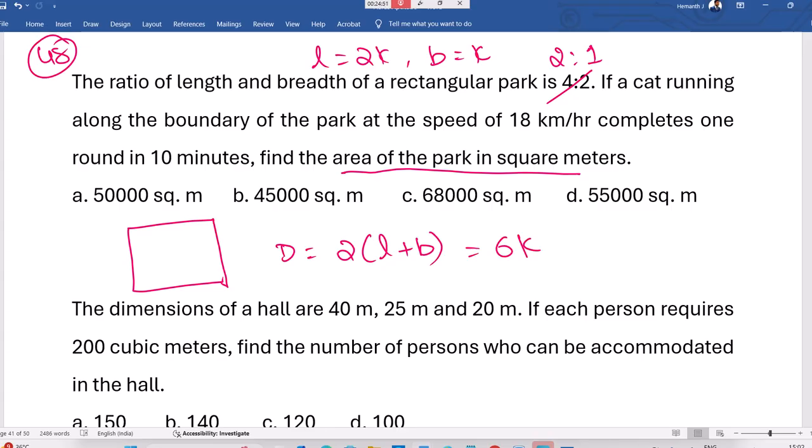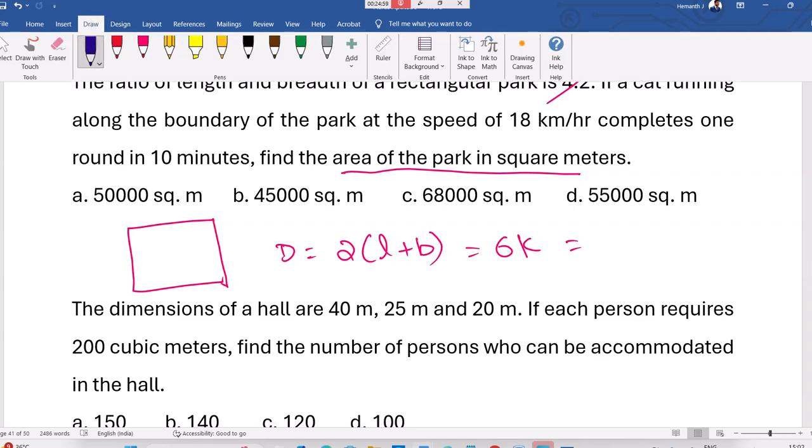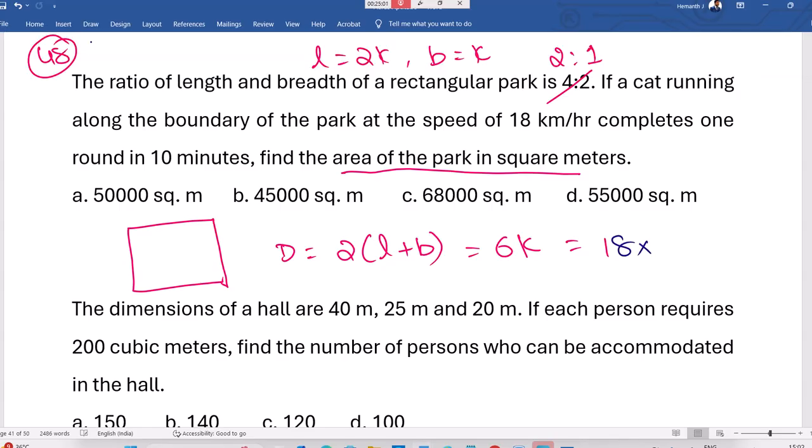Right. Now that 6k distance is speed into time. What is the speed here? 18. 18 is kilometer per hour. Timing should be in hour. 10 by 60. So 3 kilometers. 6k is 3 kilometers.